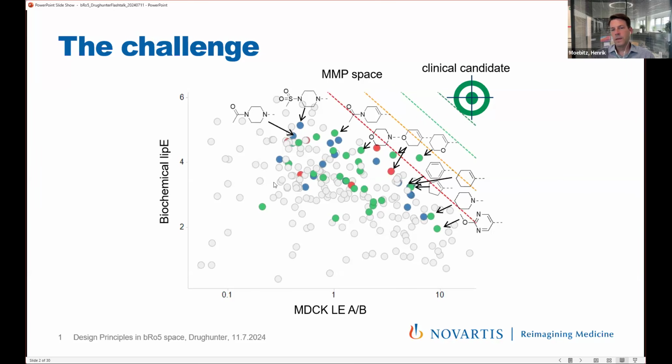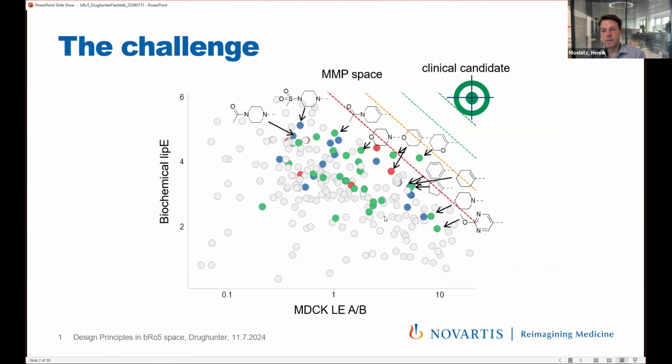And we're looking here at matched pairs that differ in a substituent that faces towards solvent. So this is a region of the molecule where you can introduce polarity without negatively affecting potency. So you can see that we can change polarity by varying the substituent and thereby reduce logP and increase LipE while maintaining more or less the potency.